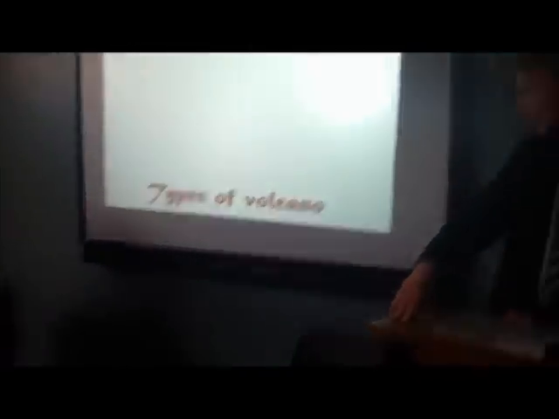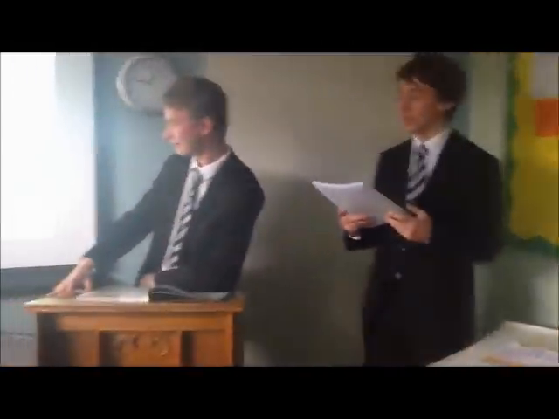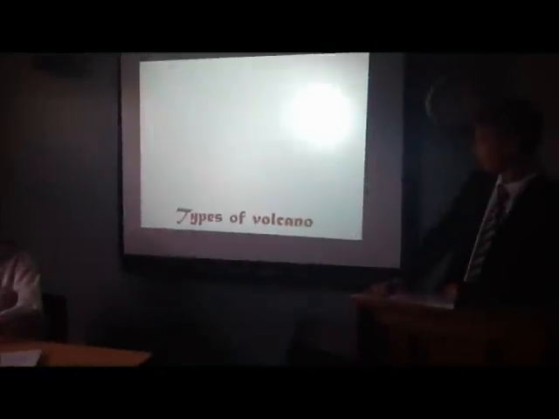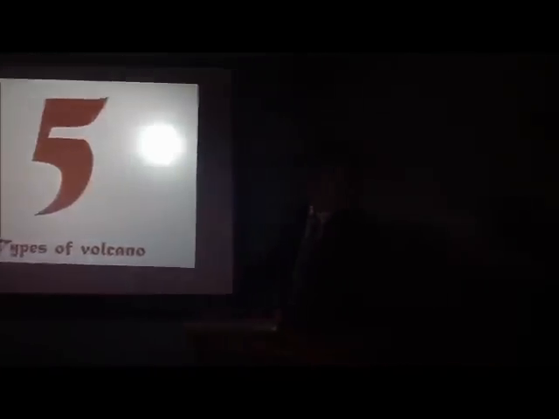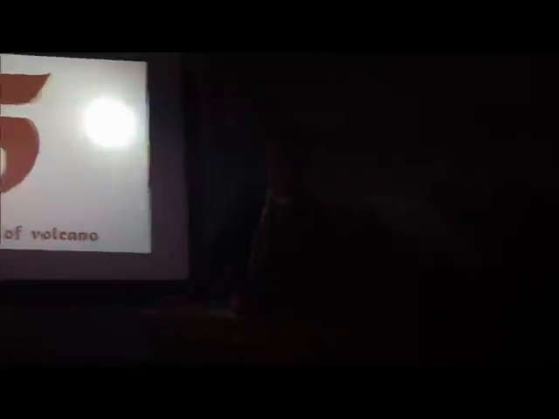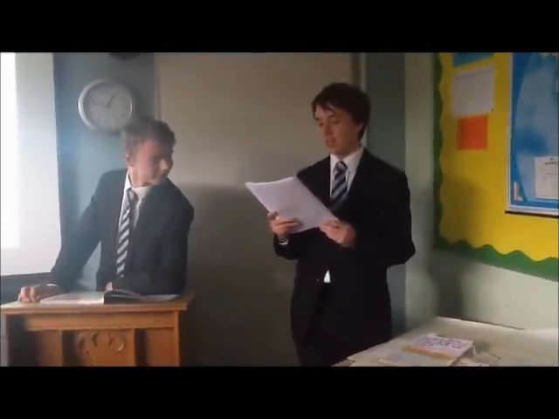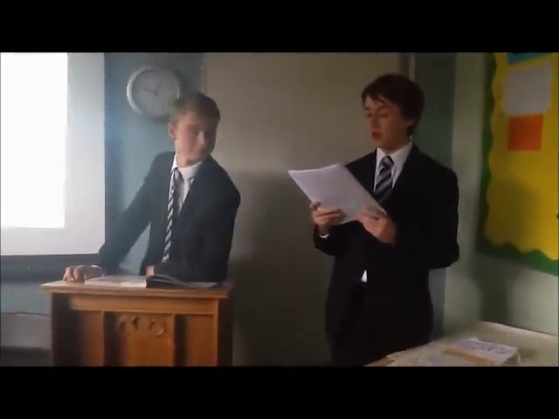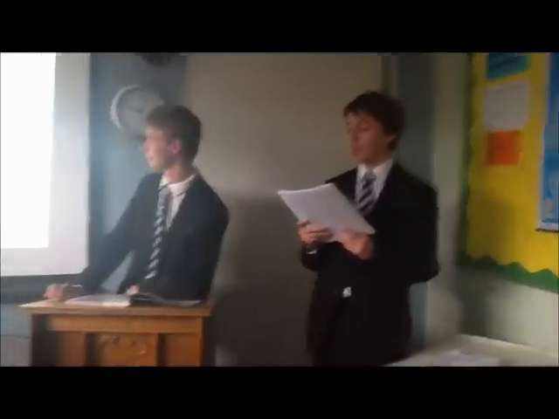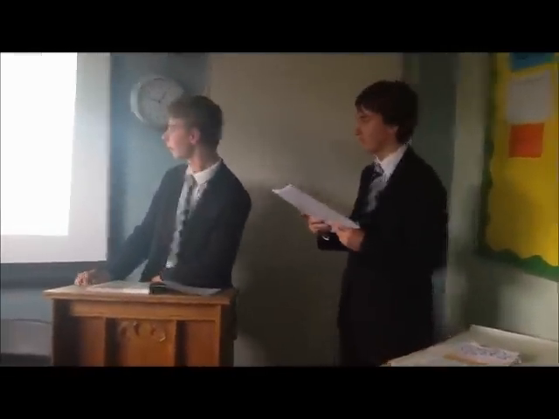Okay. This week, the top 5 in the volcano classification charts. Number 5, basic shield volcanoes. They are formed by runny, basic lava forming gently sloping cones. They are found at mid-ocean ridges, rift valleys and hotspots like the Hawaiian Islands, where lava has direct access to the surface.